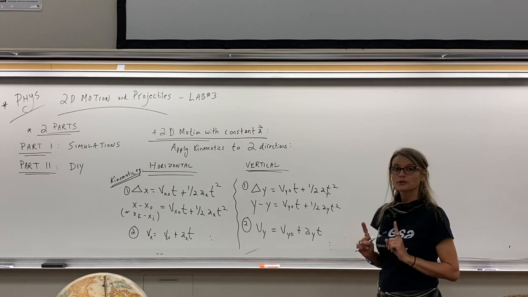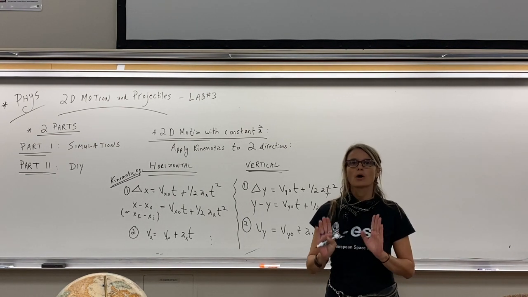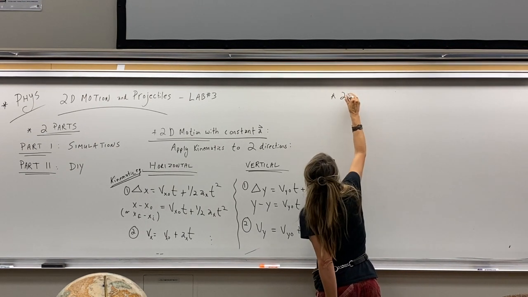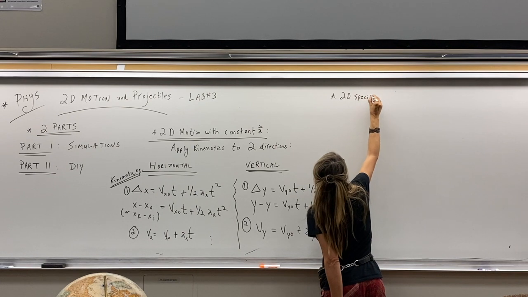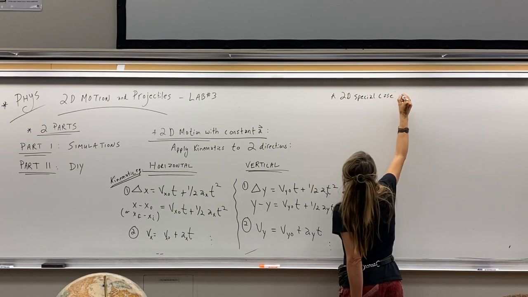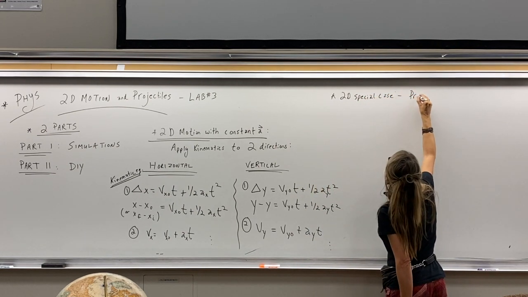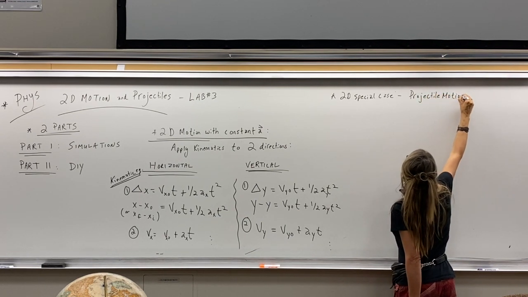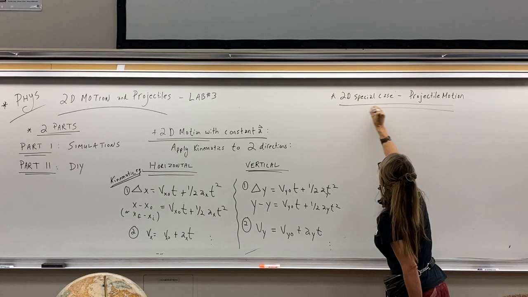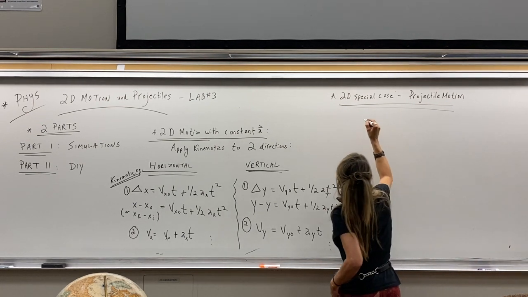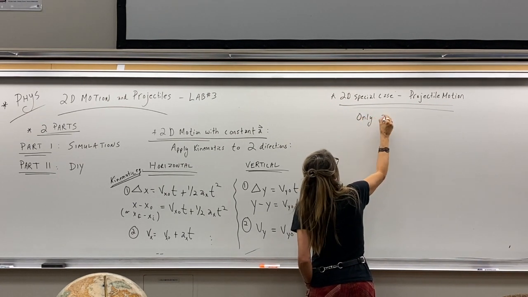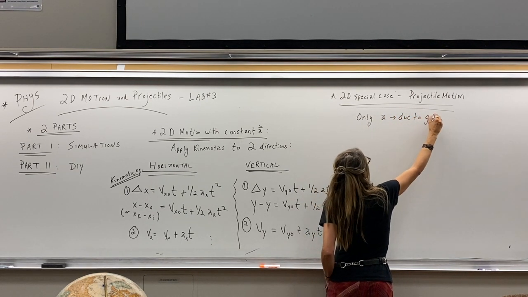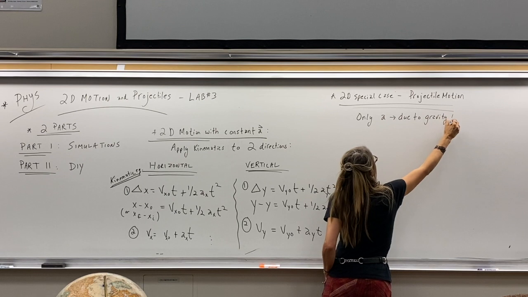Now, in the case where you know the acceleration is only due to gravity, in the 2D special case, projectile motion, which is what this lab deals with, the only acceleration is due to gravity. Okay?